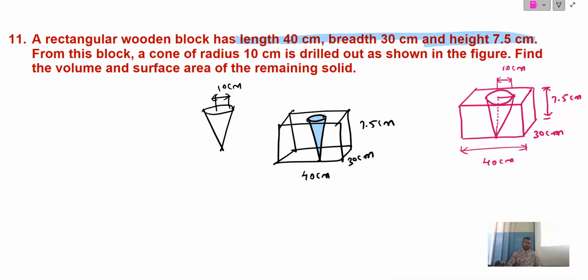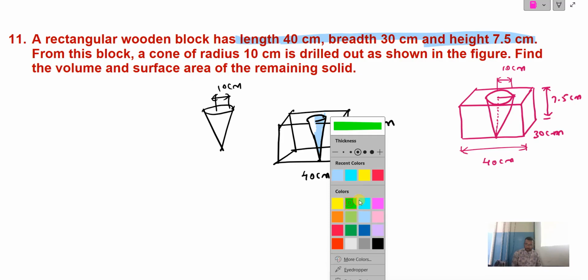In this complete wooden block, what are we doing here? We are going to remove this much area. Can you see the shape of cone? This much area has been removed. It looks like this. This is the area that is drilled out.